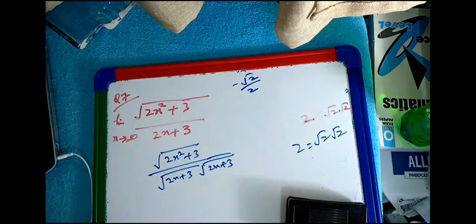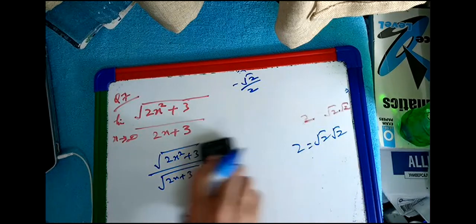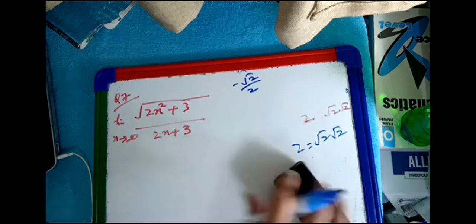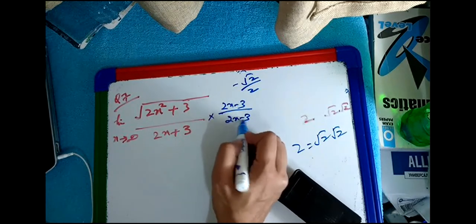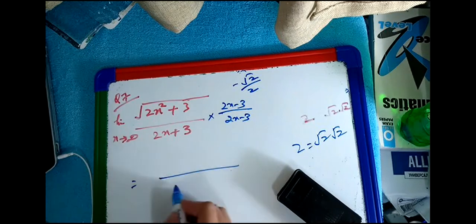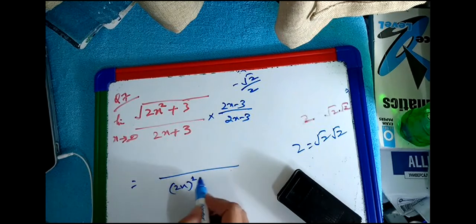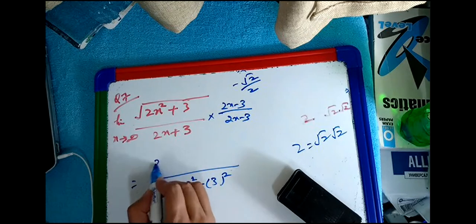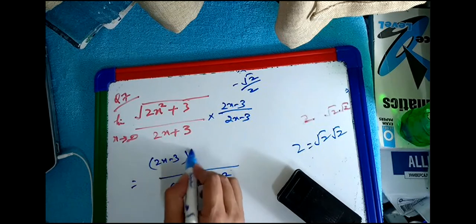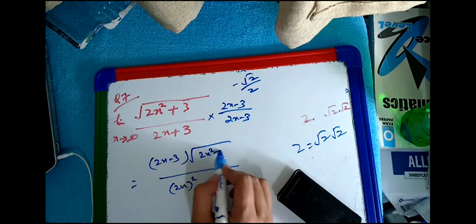Did you ever listen about the word conjugate? Yeah, you multiply. In surds you have learned conjugate. 2x minus 3 over 2x minus 3, right? So this will become 2x square minus 3 square, and here 2x minus 3 and 2x square plus 3.